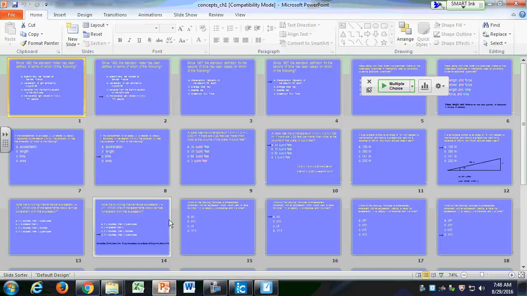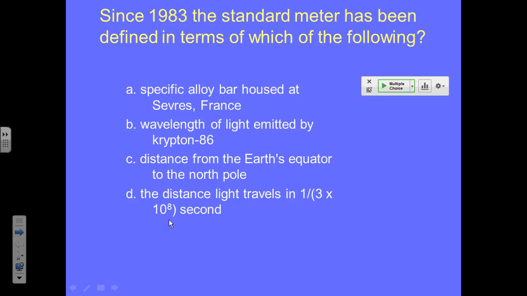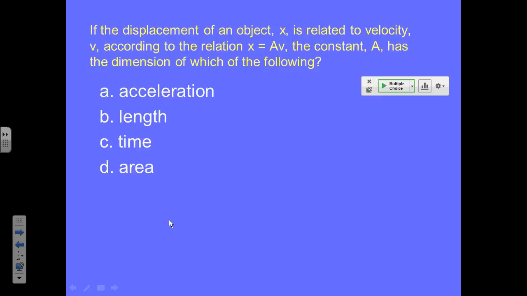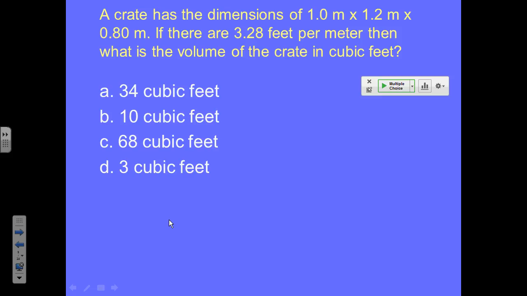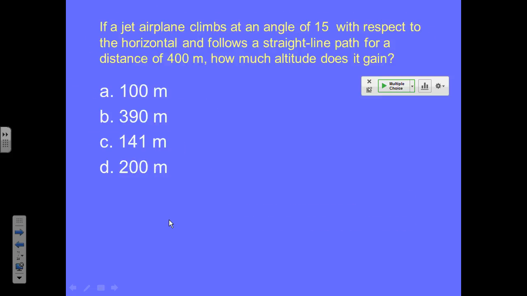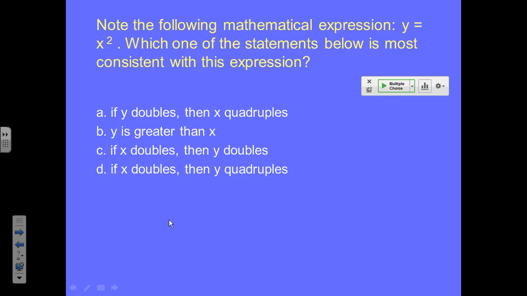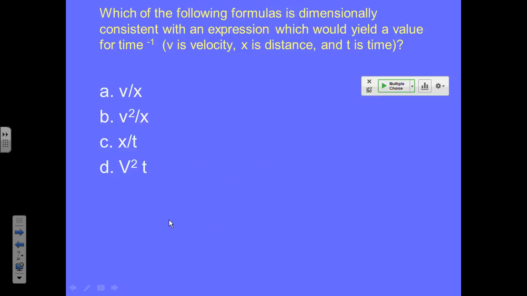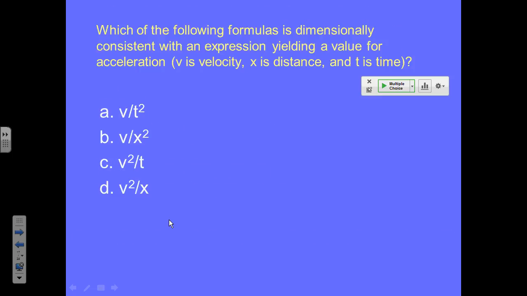I don't remember if we finished all of these. I know we did a number of these. Did we do the dimensional analysis questions? Do you recall? In this one, the trig stuff? Yes. This too? Yes.